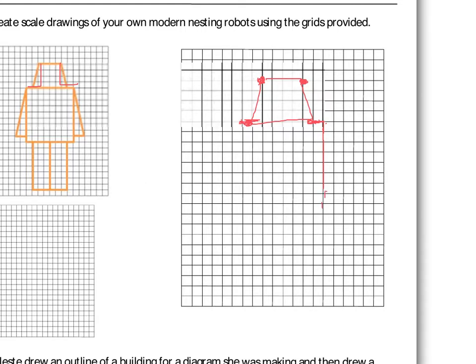And same thing on the other side. And double checking, that should be 1, 2, 3, 4, 5, 6, 7, 8 across.